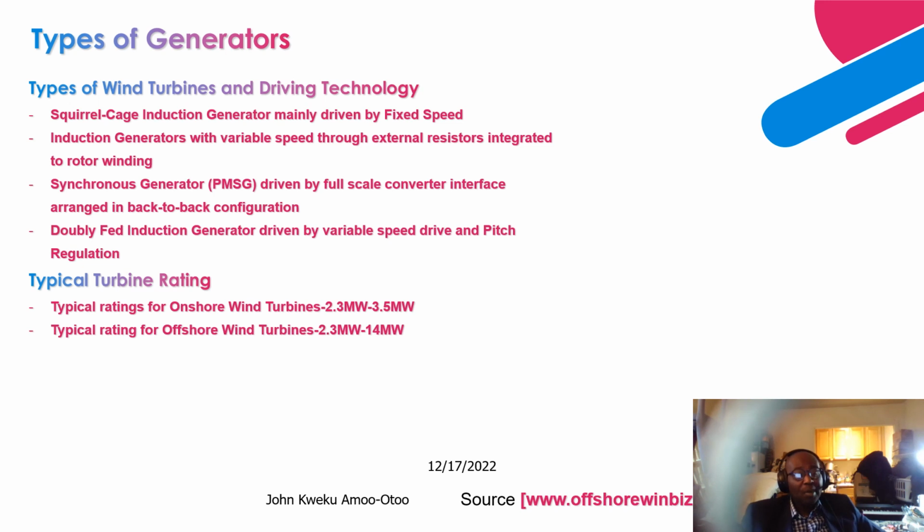Next, let's talk about the typical ratings for offshore wind turbine facilities, and that ranges from 2.3 megawatts to 14 megawatts. So, compared to onshore facilities, offshore wind turbines have a higher rating. What is the reason they have a higher rating?